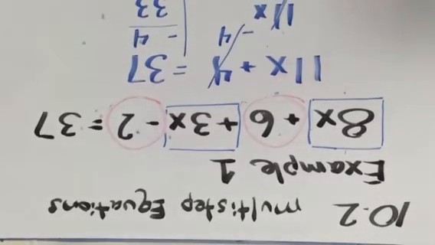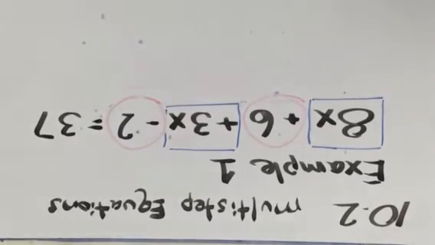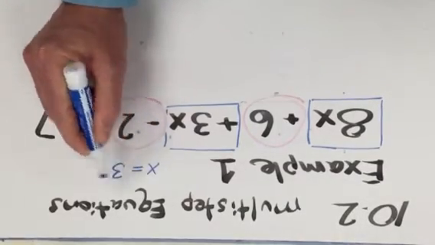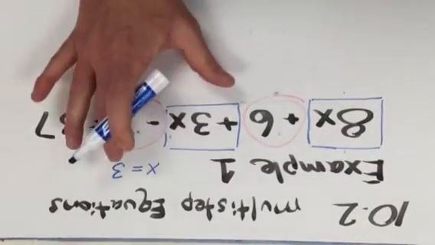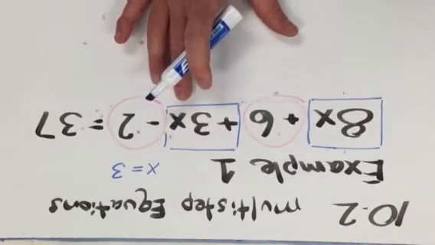We have one more thing to do to verify that we got the right answer. We're saying x equals 3, so everywhere you see the x, we plug it into the equation.